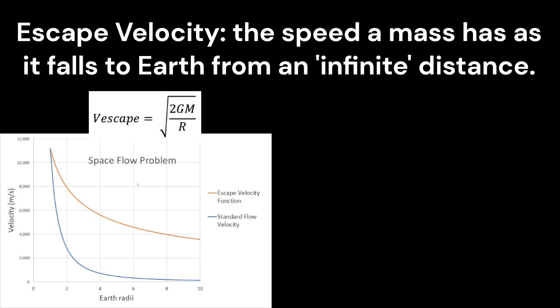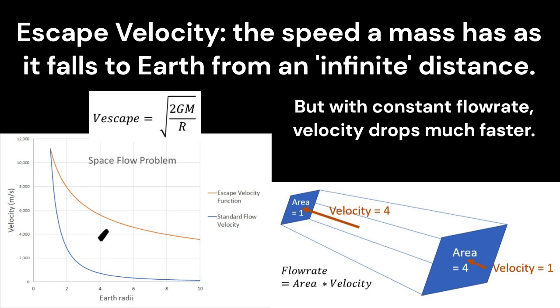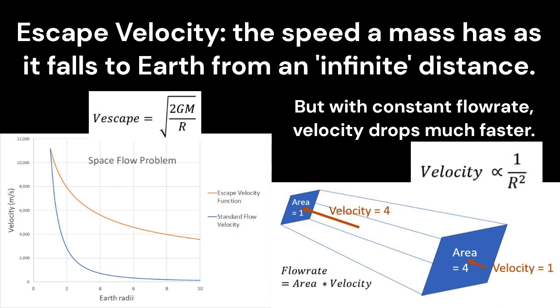And as you go up from the surface of the Earth, that speed of escape velocity drops off, but relatively slowly, compared to the speed you would have if you had a normal flow, like water through a pipe, because in a tapered pipe like that, the area is proportional to 1 over the radius squared.